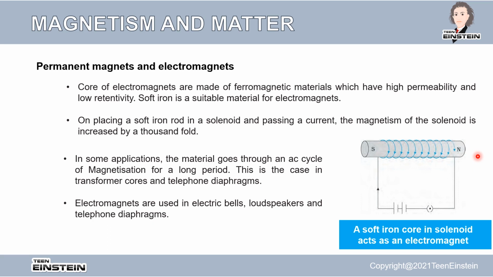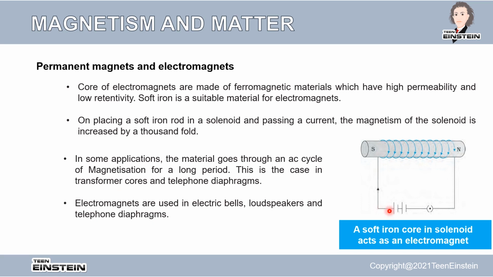And one beautiful thing here is you can control the magnetic field by controlling the current through the solenoid. This is a flexibility because for many experiments you need to tune the magnetic field to a particular value. In some applications, the material goes through an AC cycle of magnetization for a long period.